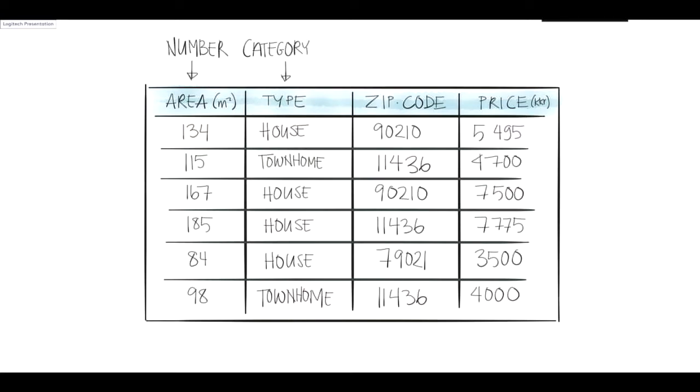And finally, it can be something like a zip code that looks like a number, but it's not a number. And why is that important? It's important because when you look at the algorithms, what they will do with numbers is add them or subtract them or multiply them or do things to them. But you don't want to do that to something like a zip code, so you need to make sure to mark it as a category.